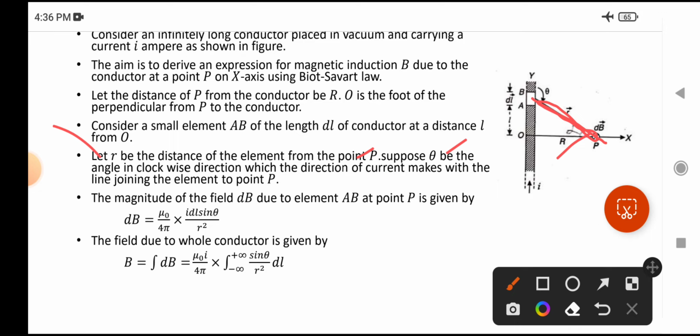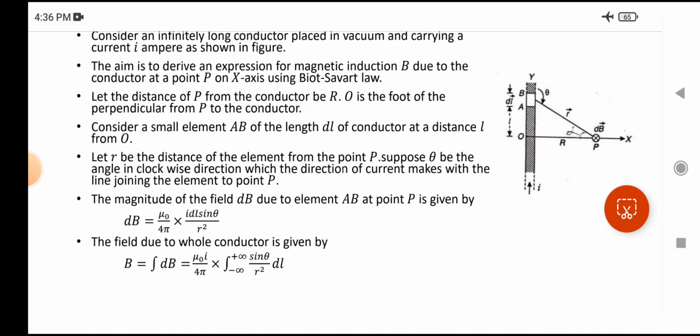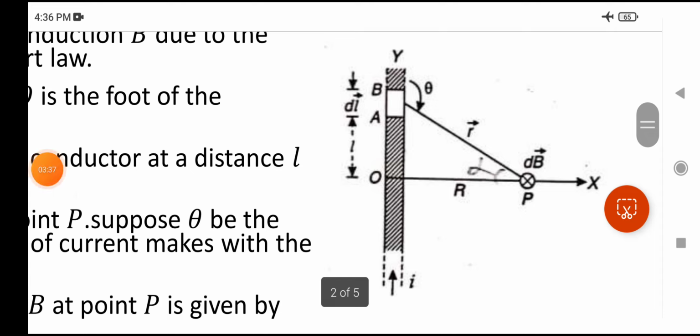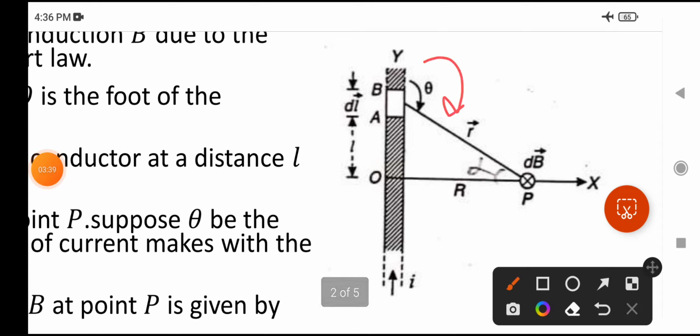So this r is the distance from the considered element to P, and theta is the clockwise angle.